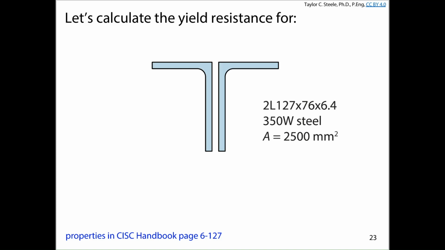If you were in CE 2023 again, how would you calculate the strength of this cross-section in tension? What equation would you use to figure out how strong you expect this set of 2 angles to be before it starts to yield in tension?